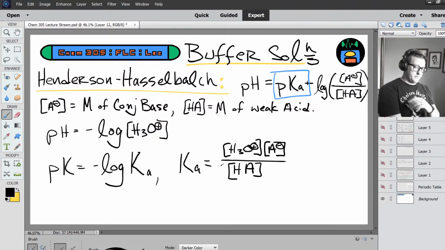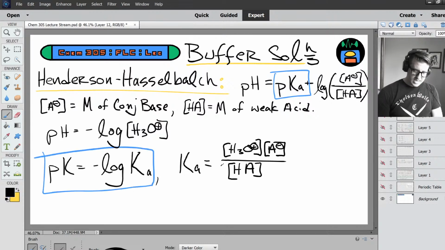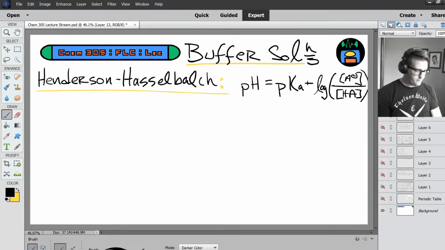All right. So you'll bump into problems that deal with the Henderson-Hasselbalch equation. They're fairly straightforward to solve. They more or less go something like this.